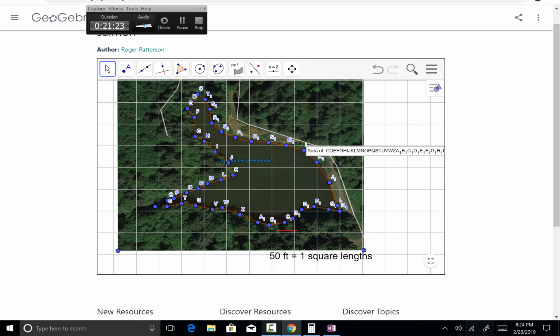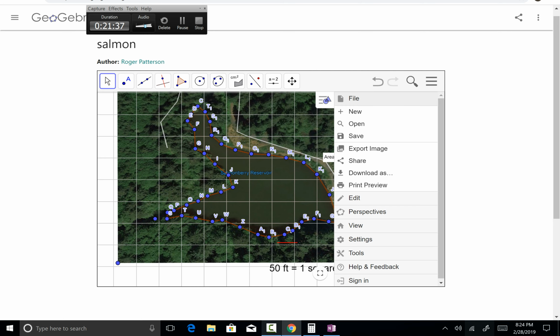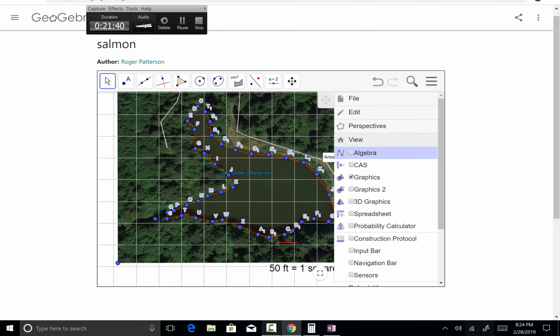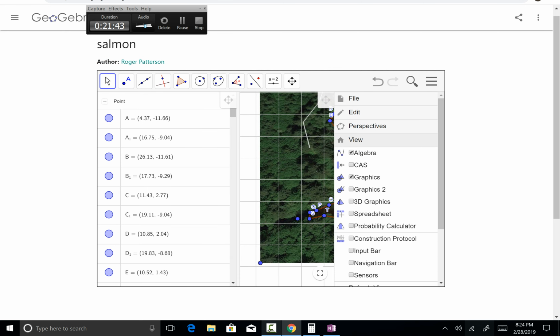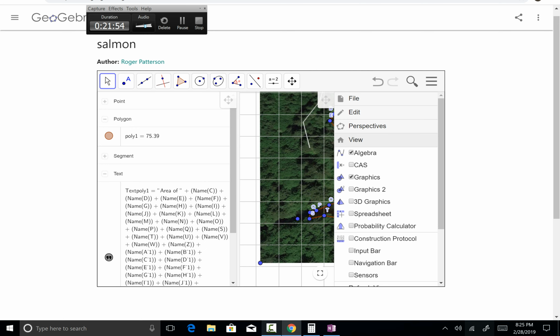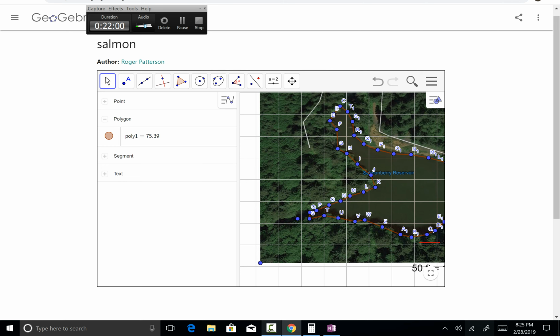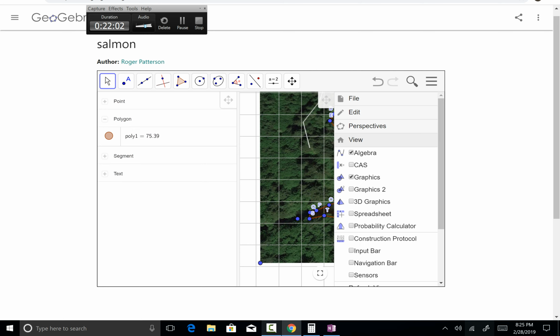You'll have better luck than I'm having, because it's just the way the tablet is. I'll fool it. I'm guessing that it is 75.39. I'm pretty sure that's what the area is.